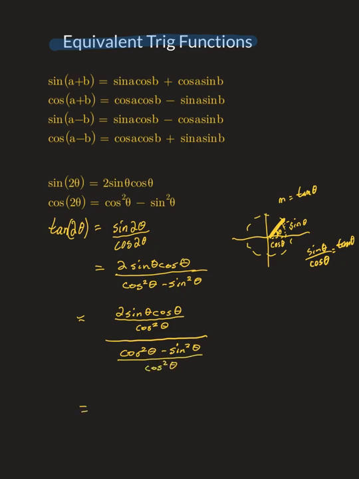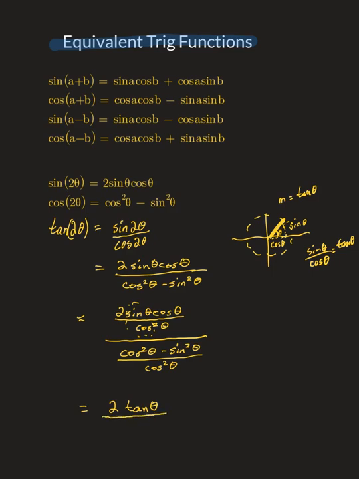And that's going to be equal to, so it's going to be 2. Now sine over cos is tan of theta. So we're going to take one of these cosines and put it with the sine. And the other one just cancels out. Cosine over cosine is equal to 1.